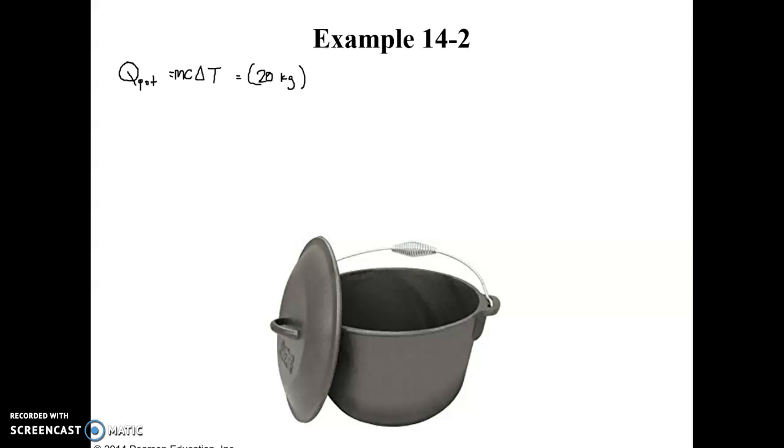The specific heat, we had looked that up. The specific heat is 450 joules per kilogram degrees Celsius. So the degrees Celsius is actually on the bottom of the fraction bar here.